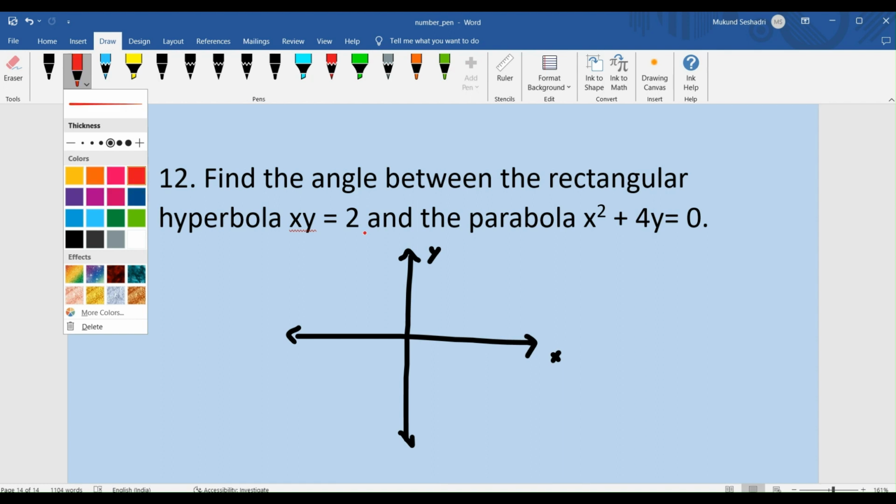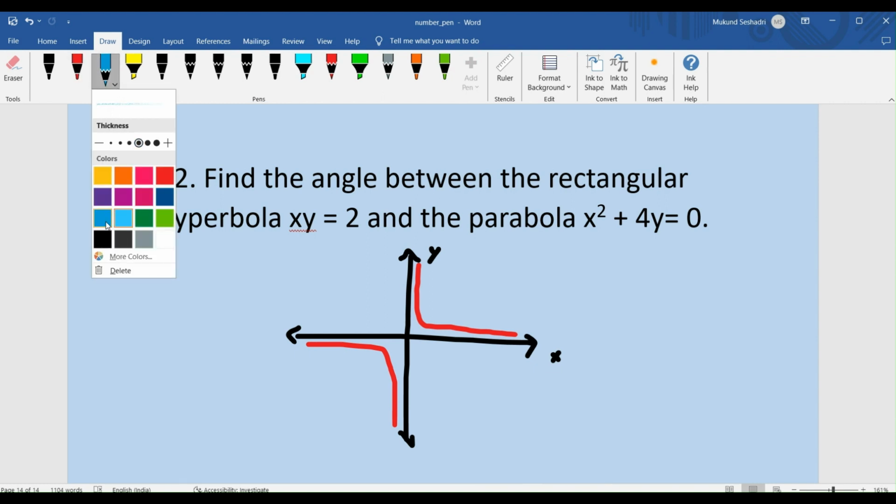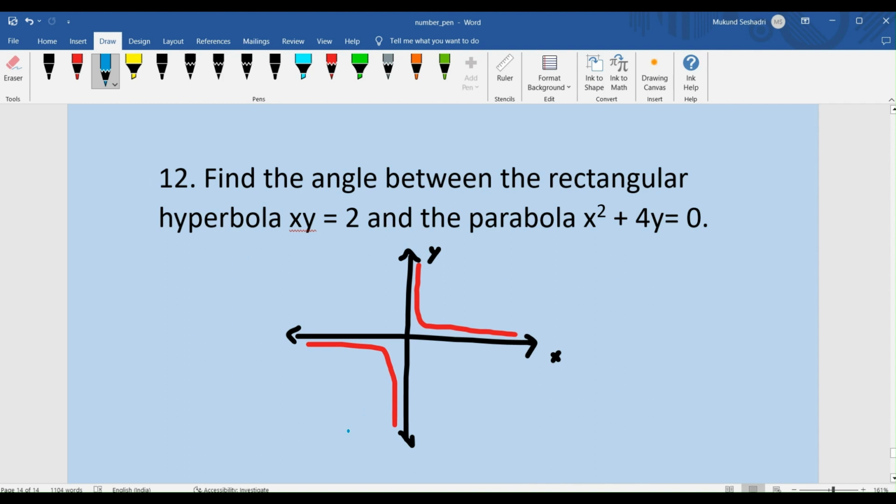Let me use red to show xy equals 2. I'll take a minute to draw this and then I'll explain why these curves look like this, right? And then I take the blue pen to represent the parabola curve x squared plus 4y equals 0. You draw this.